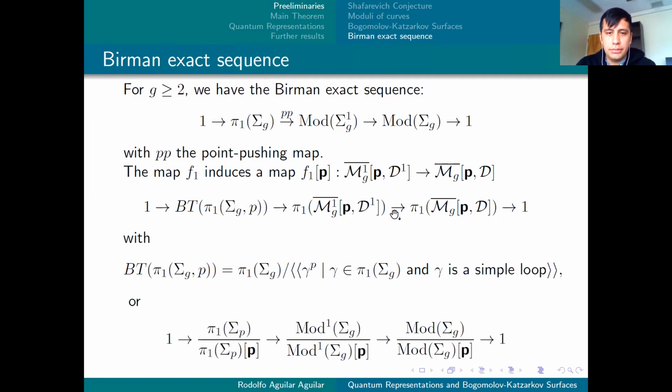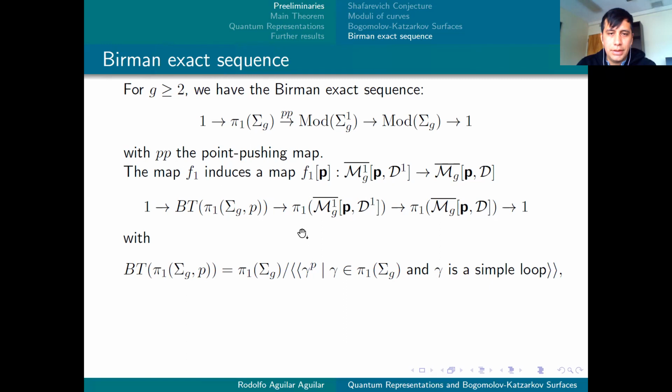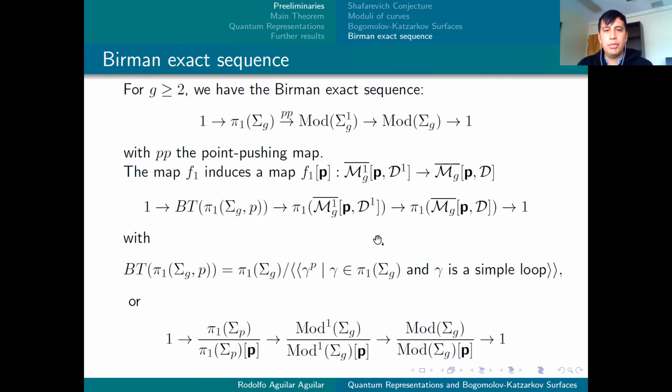I don't like this notation, it's kind of bad, but we have a very nice notation. Recall that by the proposition that I showed you before, this group was isomorphic to this quotient, and this group was isomorphic to this quotient.